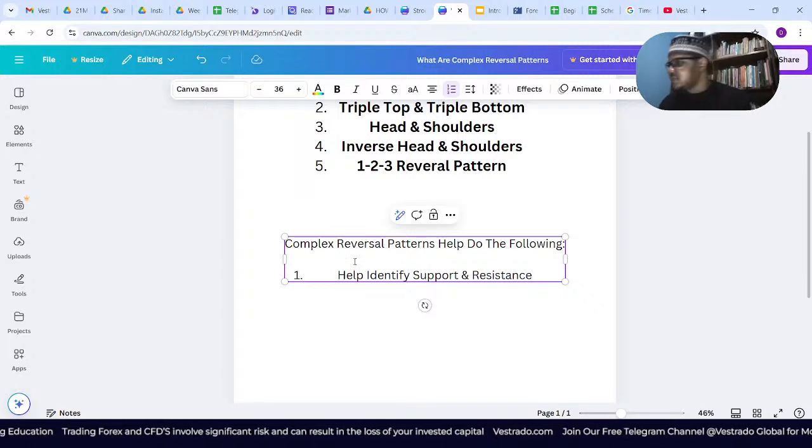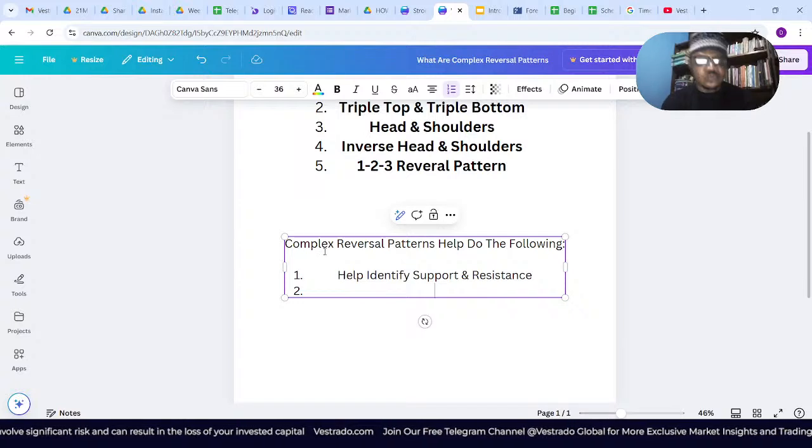Leave your comments, ask your questions, I'll see them and respond to them. Don't be shy. And two, they give us or map out a zone of equilibrium.